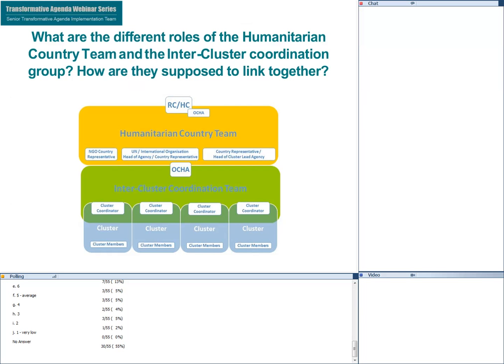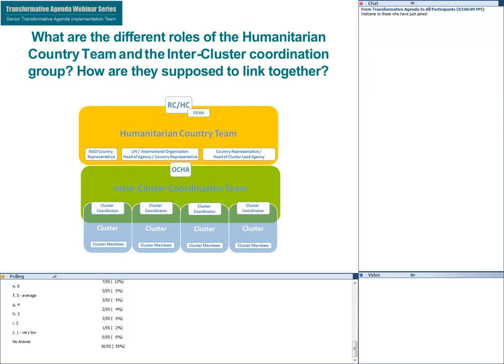It has an oversight for how the operations actually are rolled out in a humanitarian context. It's led by the HC, and the composition includes representatives from the UN, from IOM, international NGOs, the Red Cross, the Red Crescent movements. And the agencies that are designated as cluster leads should also represent the clusters as well as their respective organizations on the HCT.